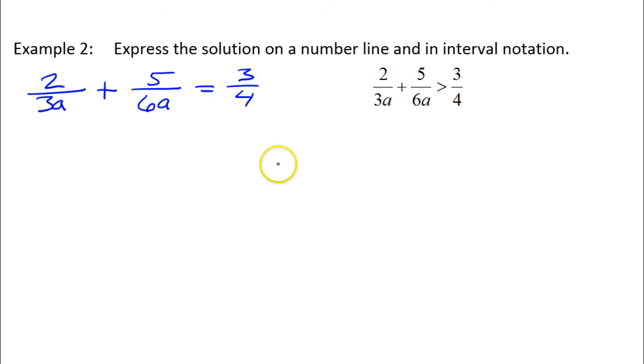To solve this equation, I think the easiest thing to do is to make all the denominators the same. So I'm going to make all of these into 12a. If you made it into something bigger, like 24, it would be 12a or 24a. 12 and 24 are the only reasonable options I can think of. 12 is the least common multiple of 3, 6, and 4.